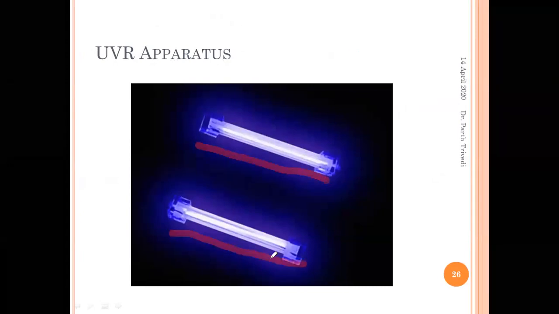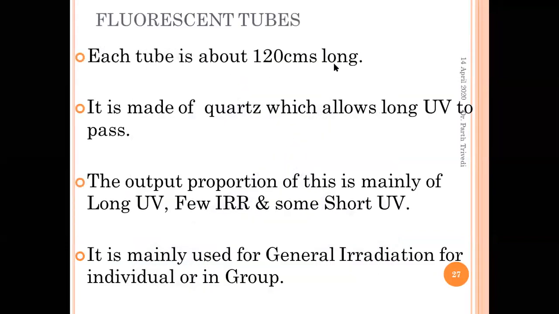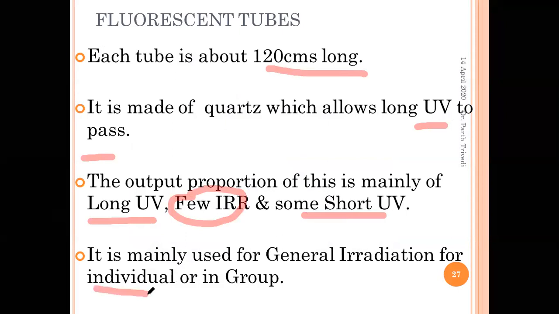These are fluorescent tubes, UVR tubes, and as I said, they are 120 centimeters long. They pass long UV to short UV, with very little IR. Short UV and long UV are mainly used for generalized irradiation purposes, and also for individual or group purposes. Clear?